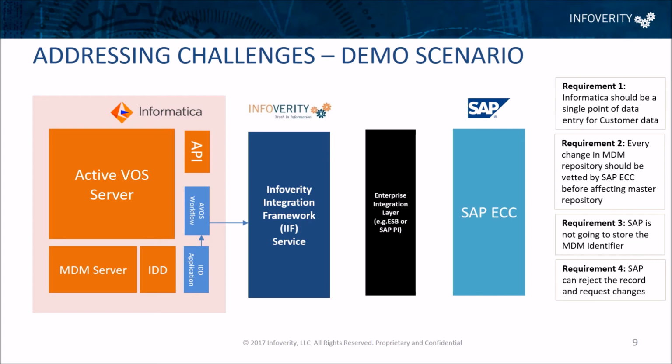It communicates with SAP or any other external customer system via the Enterprise Integration Layer or the external system's own interface. When the Infoverity Integration Framework gets a response, it sends it back to Activos via API, and the workflow comes back to IDD to be shown to a user.